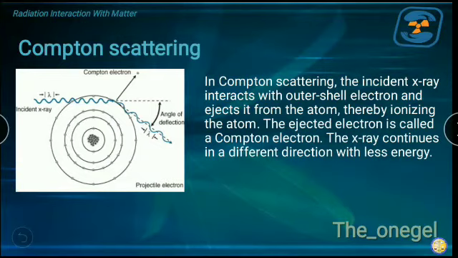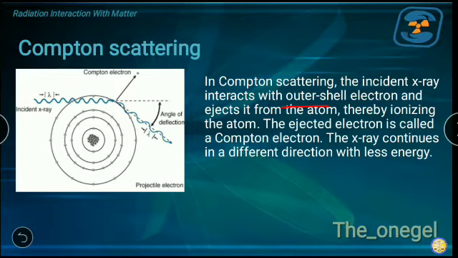In Compton scattering, the incident X-ray interacts with an outer shell electron and ejects it from the atom, thereby ionizing the atom. Ionization is the removal of an orbital electron from the atom.